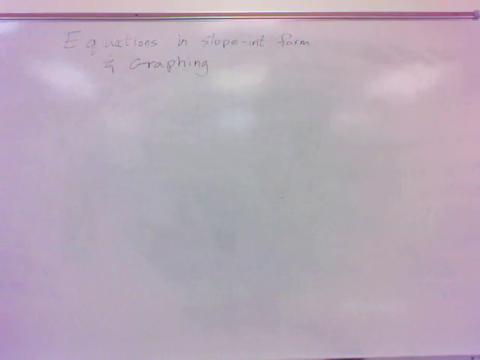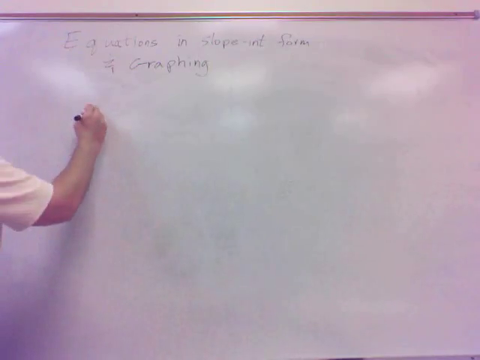Previously, the equations that we've graphed were in standard form, and we did use a table. We used the x and y intercepts, which is okay to use for this as well. Tables and x and y intercepts are all good on just about any equation of lines.